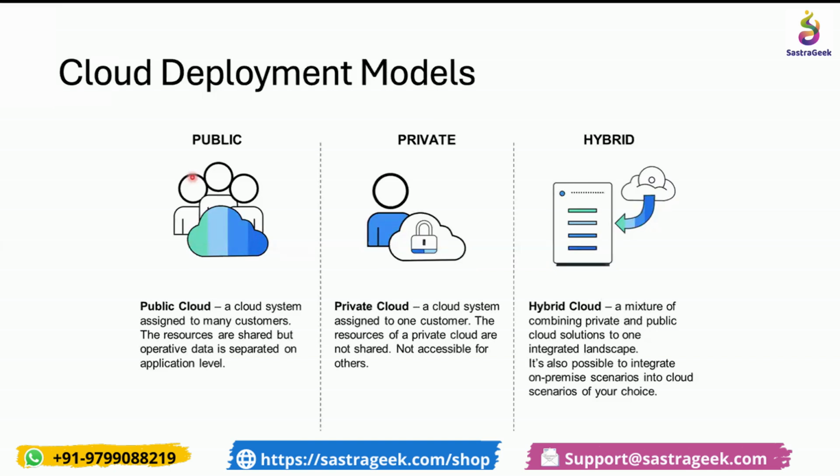The data would have its own integrity, and only the corresponding customer can access their data. When we go to private, it's a single customer who owns or subscribes to the entire infrastructure, and the same company would have access to the data. There is no other party that gets involved in this.